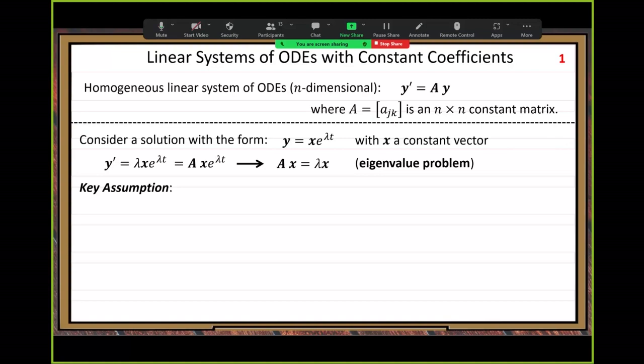The key assumption, the only case we consider: A has a linearly independent set of n eigenvectors. This case is structurally much simpler, and we want to consider all the possibilities under this assumption.